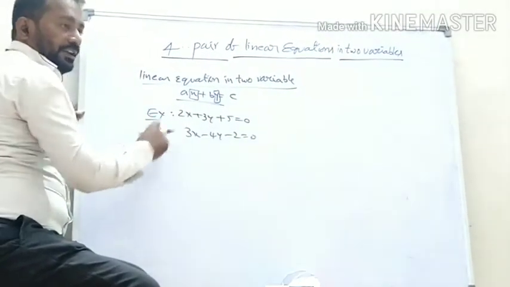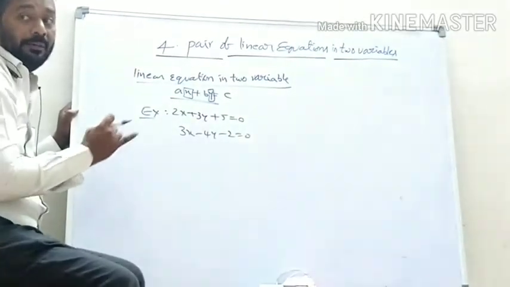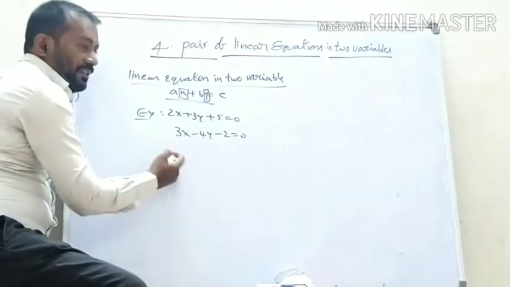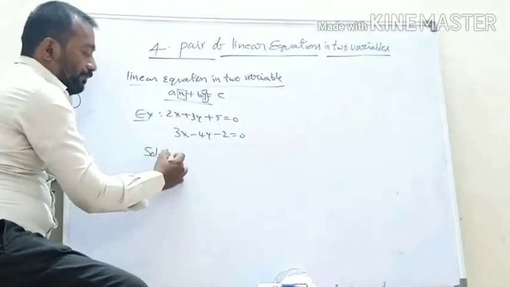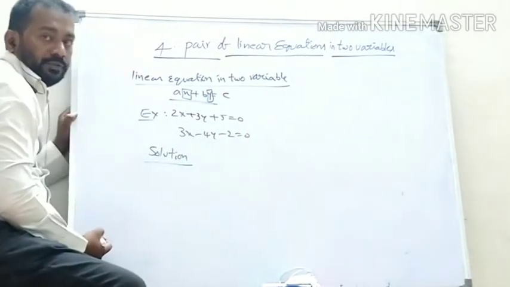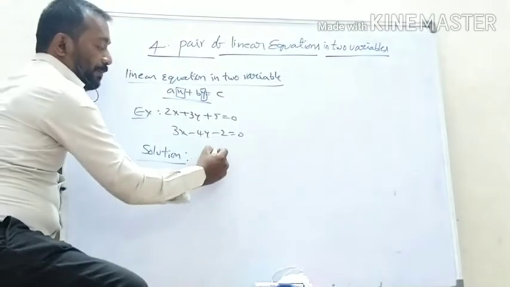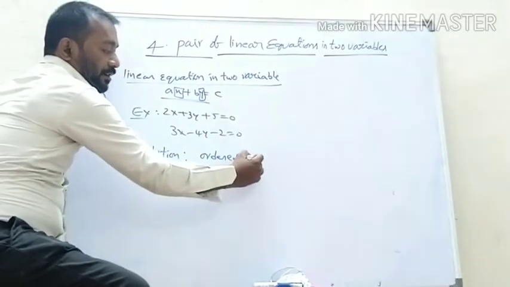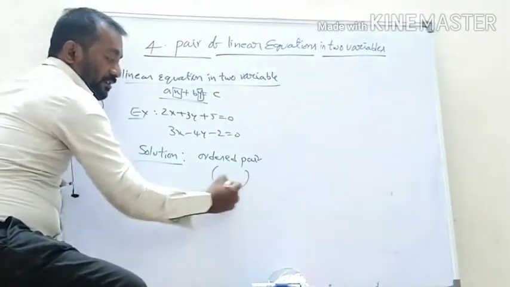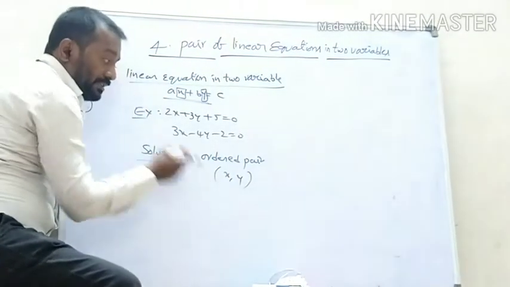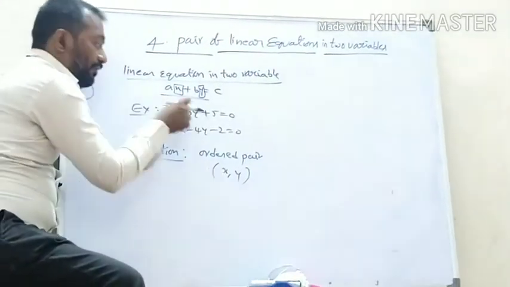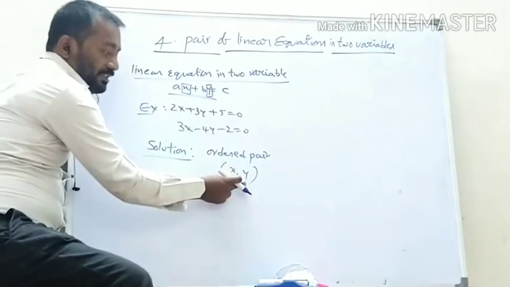Previously, for one variable, the solution was a number. But here there are two variables now. So how do we write the solution? The solution of a linear equation in two variables is an ordered pair. An ordered pair looks like x comma y, where x is the value of x in the given equation and y is the value of y.